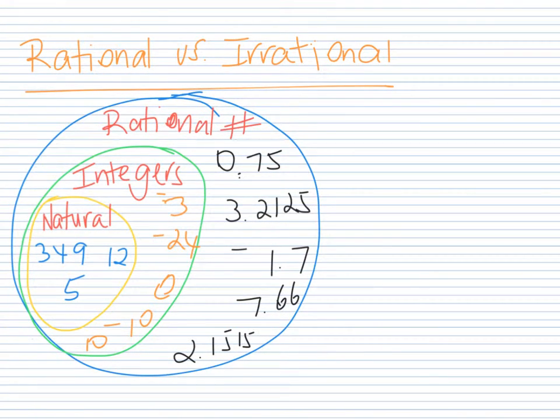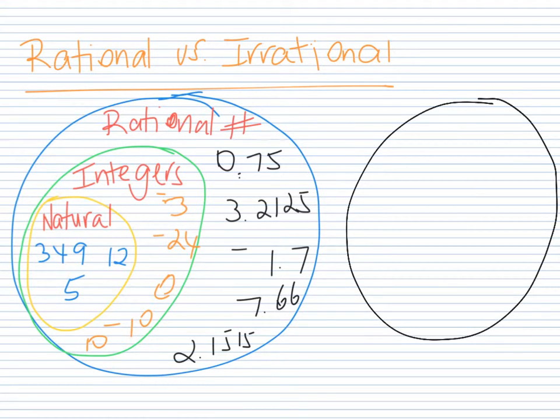Now, that's our rational. When we're talking about our irrational, let me draw a big circle here. This is where numbers that can't be expressed as a decimal or a whole number go. Let me put my heading up so you know what I'm talking about: irrational numbers.